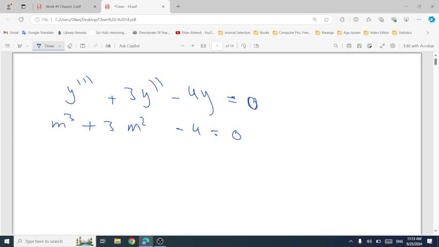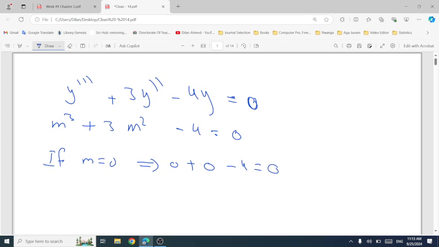By substitution. For example, if I put m equal to 0, I'm going to check whether m cubed plus 3m minus 4 equals 0 or not.